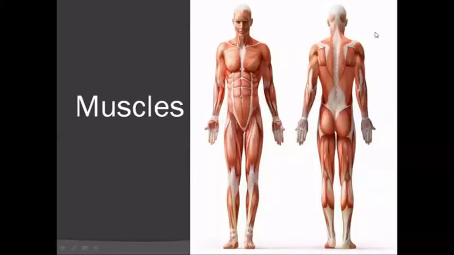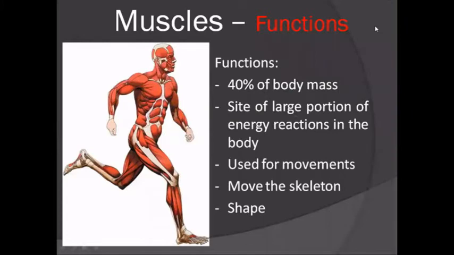Then let's proceed to the muscles. The function, so 40% body mass. So 40% of body mass are composed of muscles, and the rest of the 60% is divided into the different organs you have and your skin. So the muscles are the site of a large portion of energy reactions in the body.